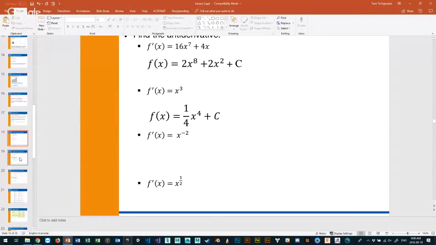Plus I have c, which I have to multiply by x. So cx plus d. And that is your second antiderivative. Because you don't know what c is and you don't know what d is, because you could have had two constants that you eliminated through the constant rule. You're going to get there, c and d. And you're like, c's and d's, I don't know what this means. They're just two constants that we don't know what they are.